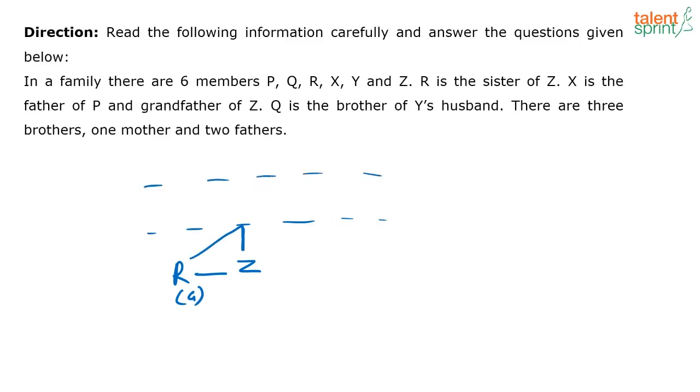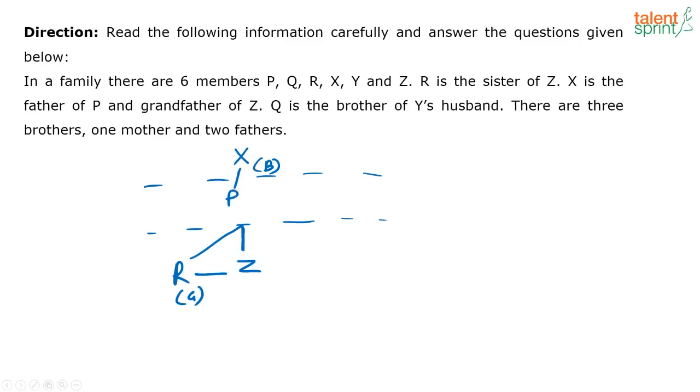Then there is one 2nd generation and one 1st generation. And X is the father of P and the grandfather of Z. So X is in this generation, correct? X is the grandfather, father of P and grandfather of Z means definitely this is a male member and he is belonging to the 1st generation. So this P is the person who is in the 2nd generation because X is the father of P.